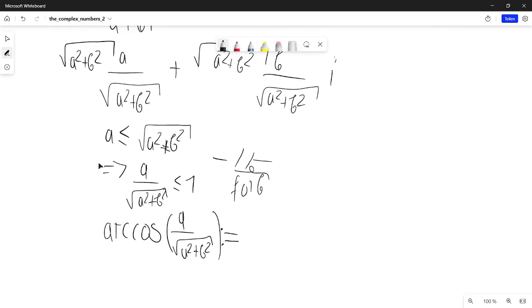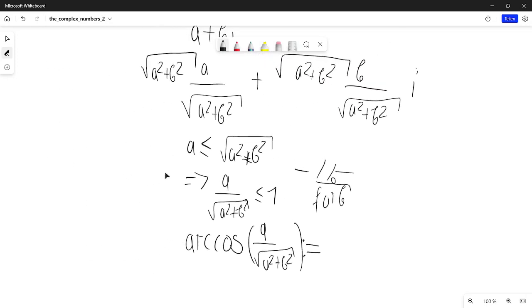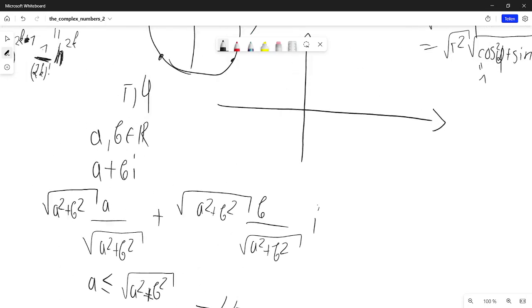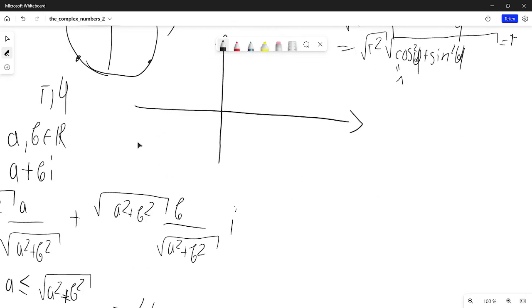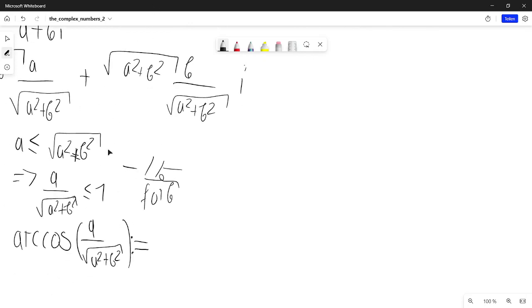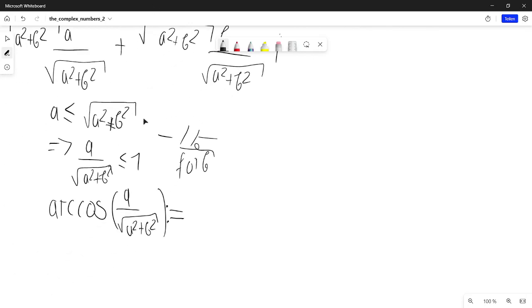You remember that a cosine would always give us an angle in here, right? We have discussed it earlier. Cosine would always give us an angle here, but it might not be a suitable fit.